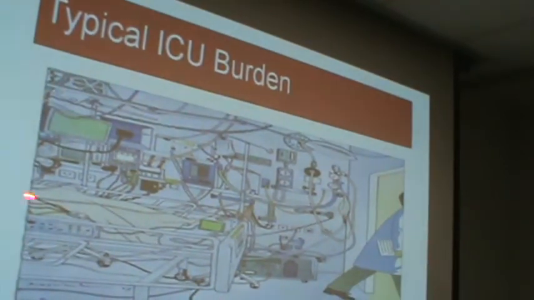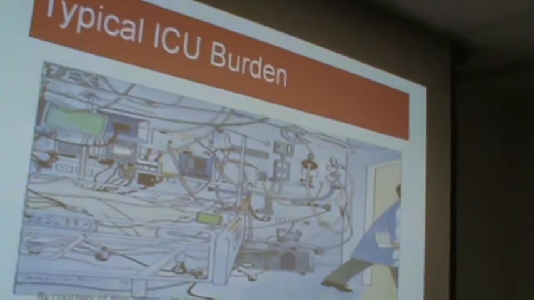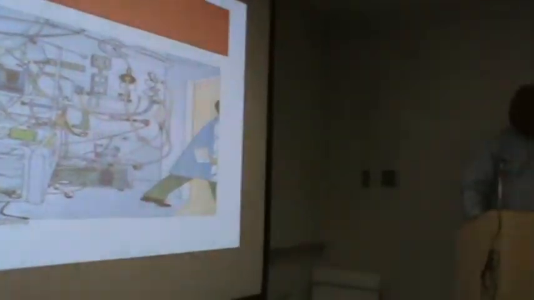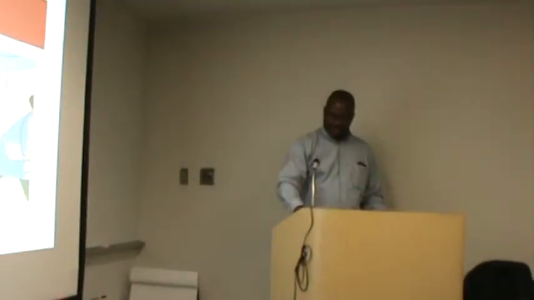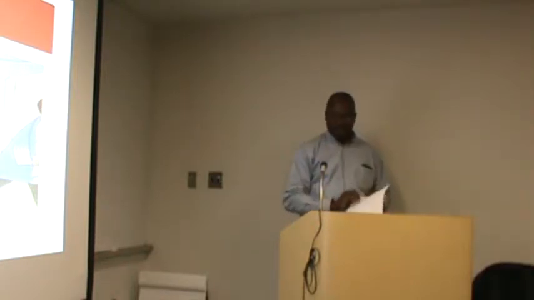You're expecting the patient to be lying here, surrounded by all these instruments. And for this reason, this is a typical ICU burden for a patient who is aware of himself or herself.